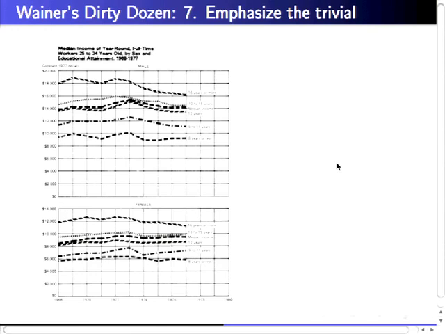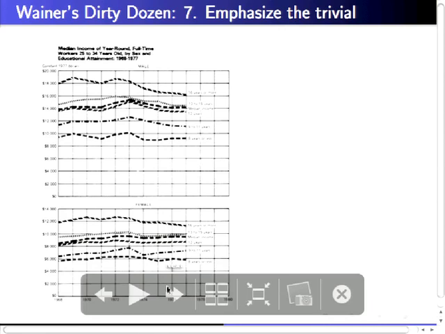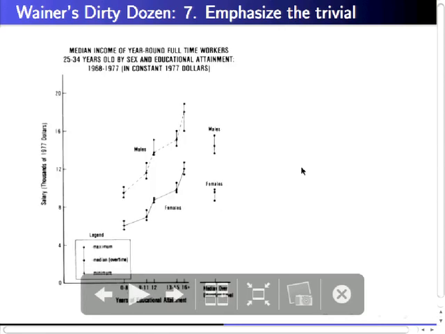And what we'd probably really like to see is how males and females compare. And it's really hard to do that when they're on two different plots. So how would you put that on one plot? Well, you'd actually switch and say, I'm going to put education on the horizontal scale.